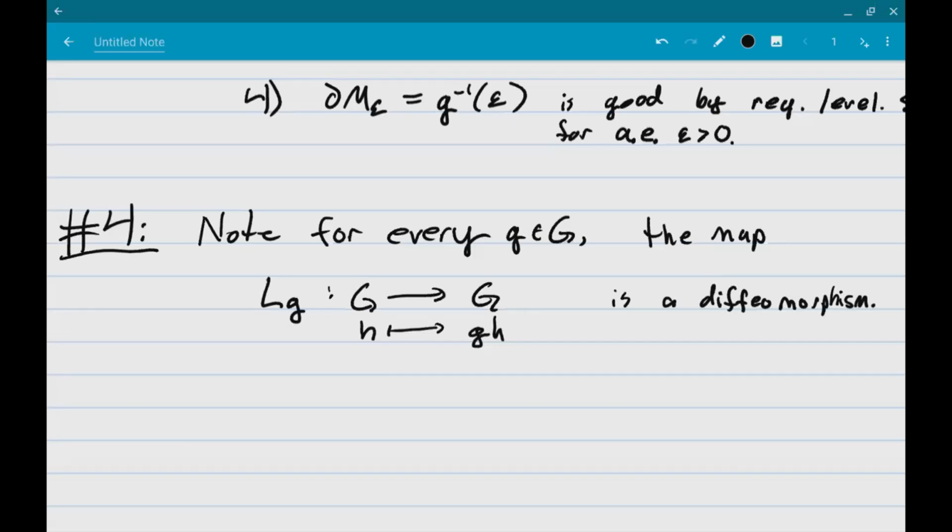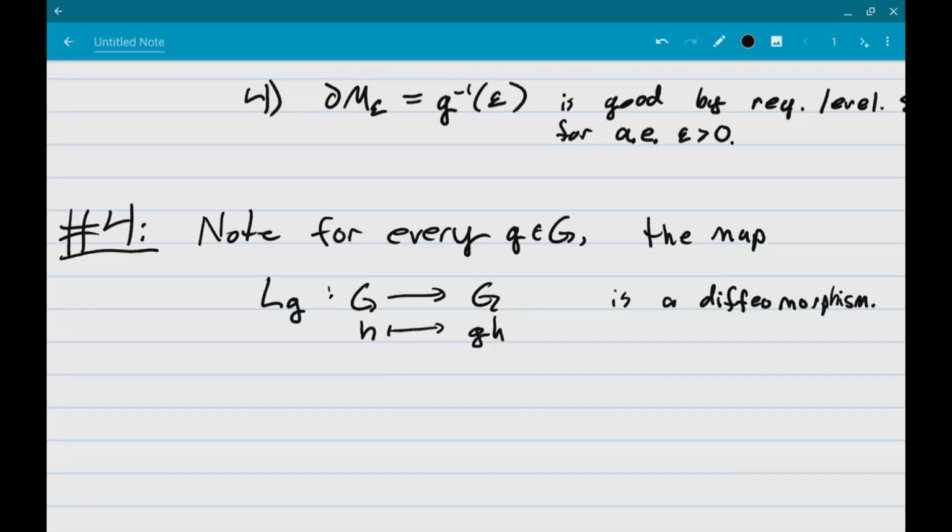So real quick, why is this a diffeomorphism? Well, it's smooth because it's a restriction of the multiplication map, right? And the multiplication map is smooth in a Lie group. That's part of the definition of a Lie group.